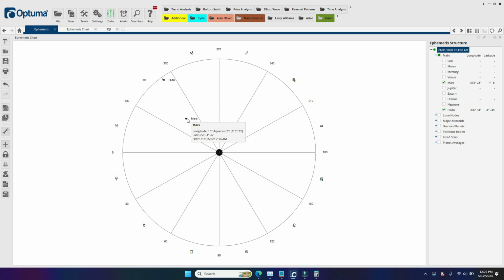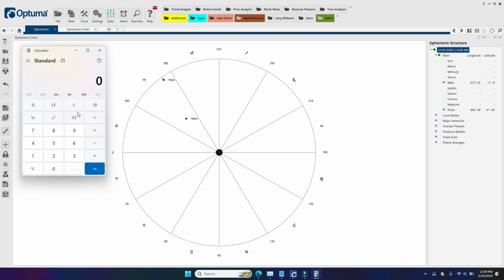So then we want 306 degrees. 306 minus 313 is negative 7 degrees. Perfect. So there's a 7-degree difference between 313 and 306. So now we have 360 degrees minus 7. So Mars has to move another 353 degrees to get back here.